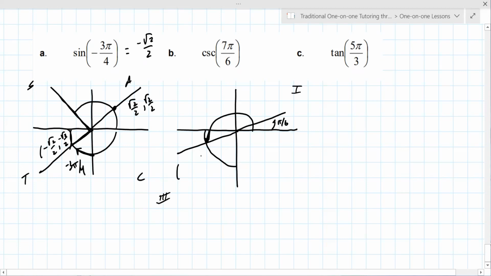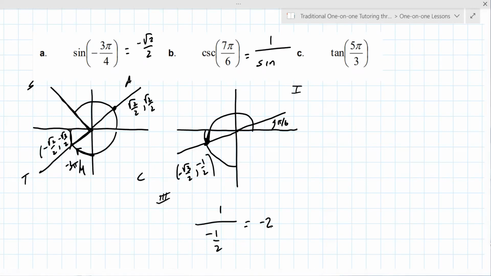So it must be the square root of 3 over 2, but since you're going left, it's negative, and since you're going down, it's negative. So that's the point. The point helps you figure this out. So cosecant is 1 over sine. Sine is the y value. So it's 1 over -1/2.